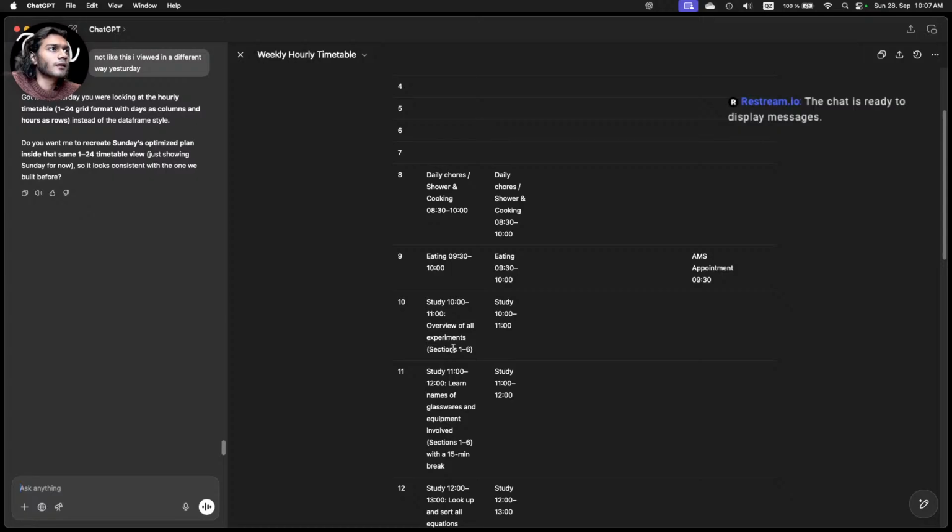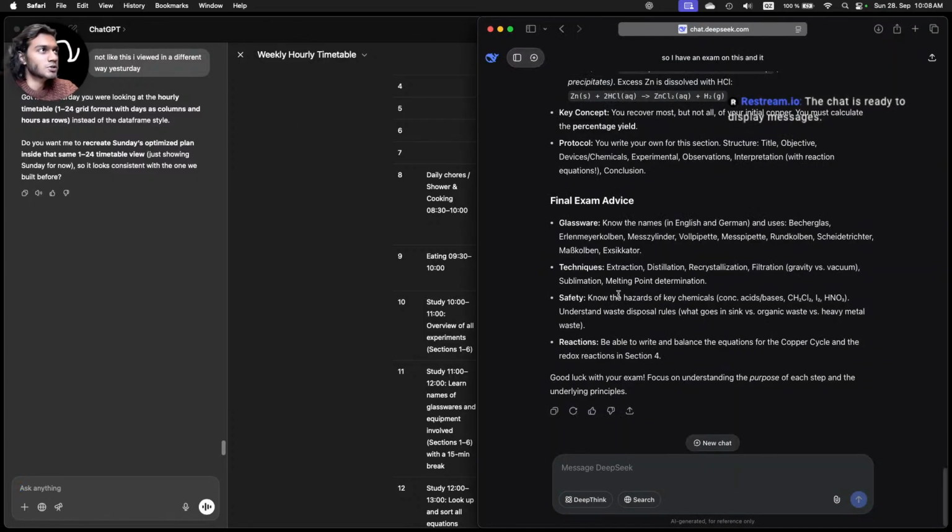So from the overview of the experiments, section 1 to 6, let me get the overview. Where's DeepSeek?